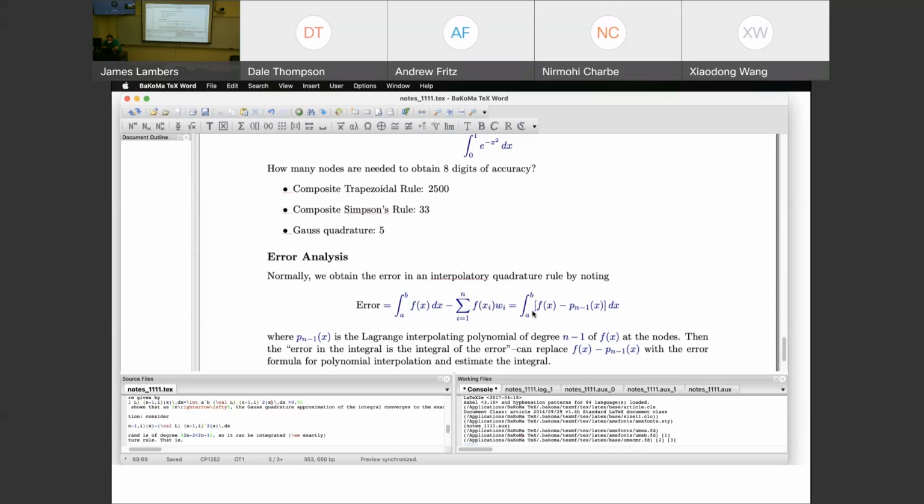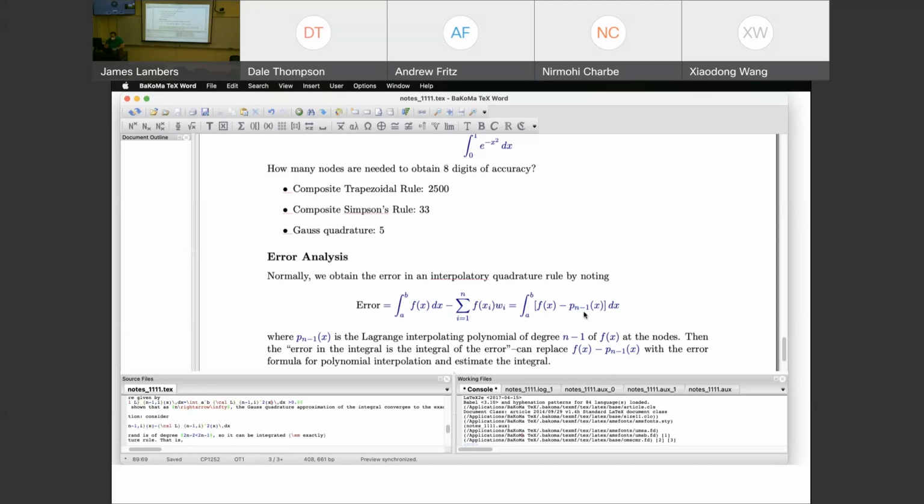Then you integrate the interpolation error, and that's your quadrature error. But we actually don't do that in this case. The reason is this interpolation error would involve the nth derivative of f, but this rule is exact for polynomials up to degree 2n minus 1, so such an error formula would not reflect that.